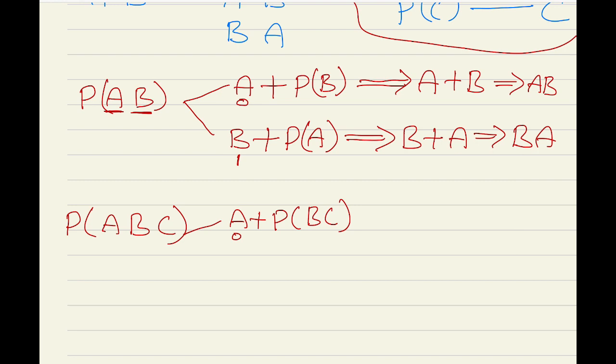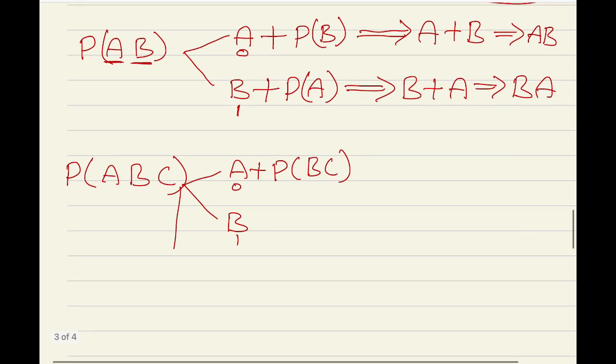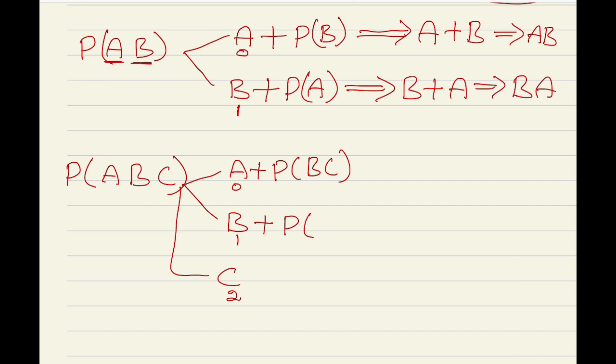Here the initial problem is P of ABC and the sub problem is P of BC. Similarly, we can select B first, the character at index 1, or C first, the character at index 2. If we select B, then we write P of AC, and for C, P of AB.